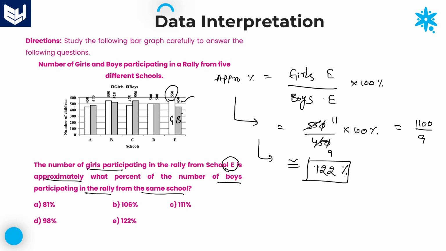You don't want to calculate the exact value, because the question asks for the approximate value, and we don't want to calculate what comes after the decimal point. That is not at all required. So always when we are trying for approximate answers, just go with the approximations. No need of calculating the exact answer. Is it clear? For this question the answer is 122 percentage. In the given options we have 122, that is option E. Option E is the right answer for this question.